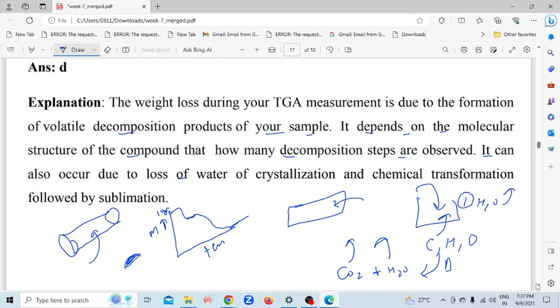Suppose initially it was 100 kg, then you get ash of, suppose, only 15 gram. So you can compare how much mass loss there is. This mass loss occurs due to burning of the constituents of this wood. The same concept applies for your sample also. TG is a very simple technique in analytical chemistry.